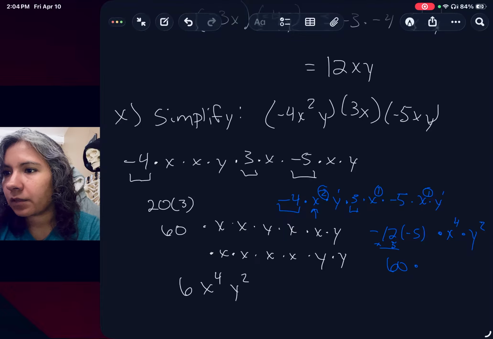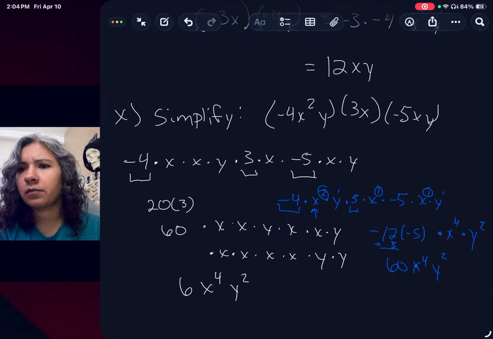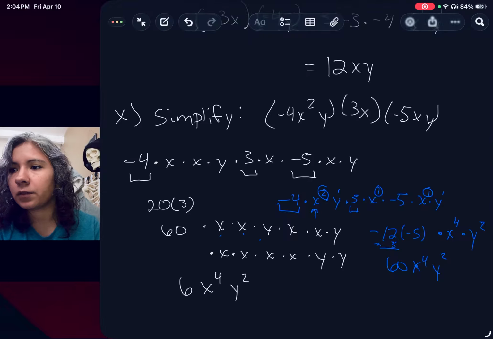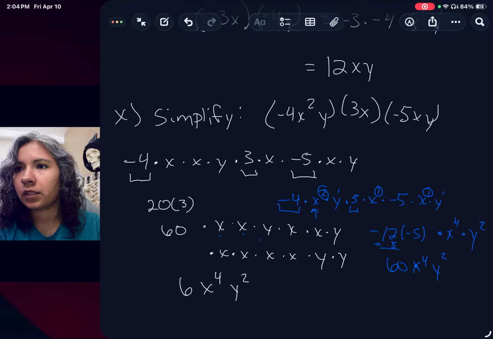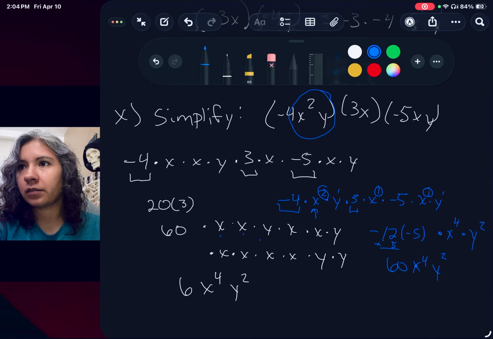And then we still have x to the 4 y squared. So you can either write them all out if that's helpful to you, or you can leave these as they are and just multiply the same variables together.